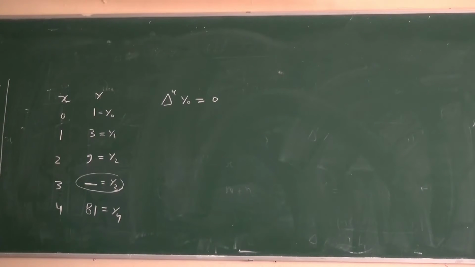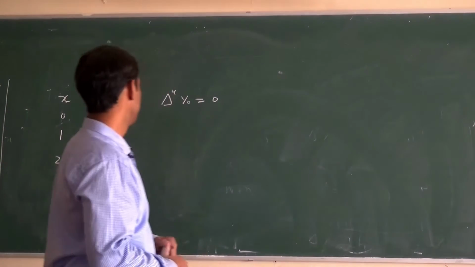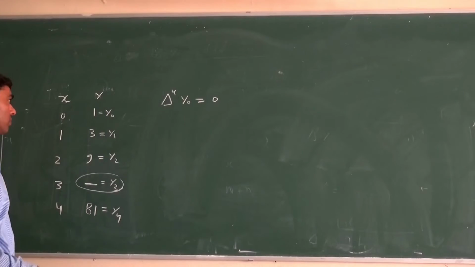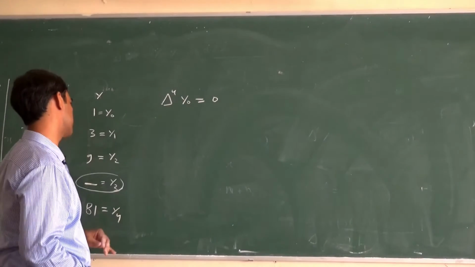Why is Δ⁴y0 equal to 0? Because we have 4 known values, and with the help of 4 known values we can only fit a polynomial of degree 3. So the nth difference of an nth degree polynomial is a constant, and the n plus 1 difference becomes 0.